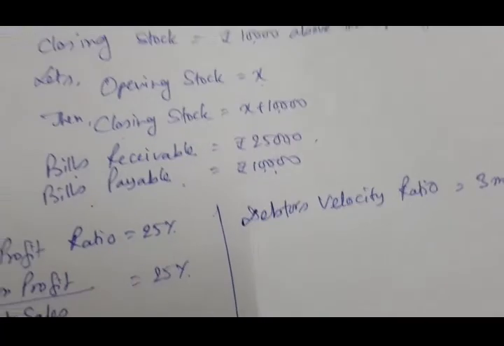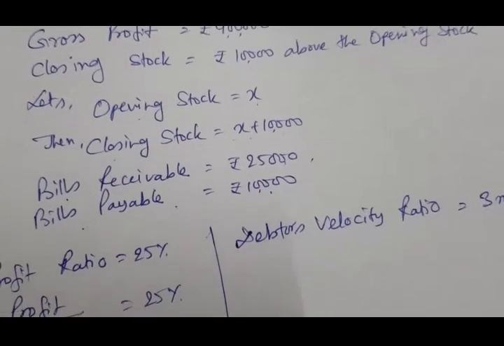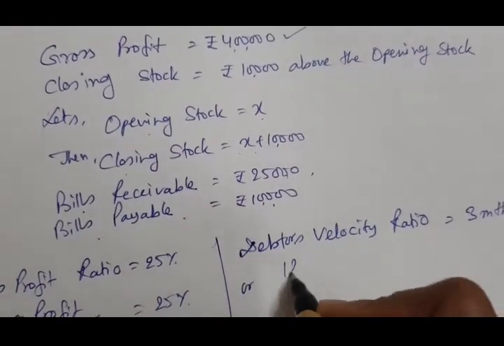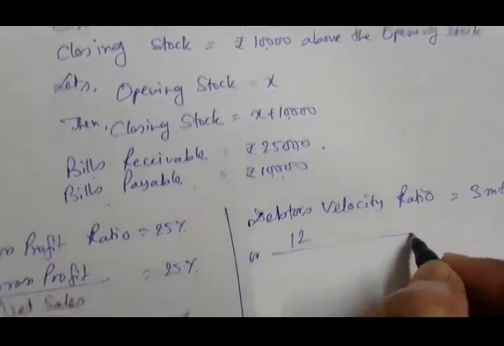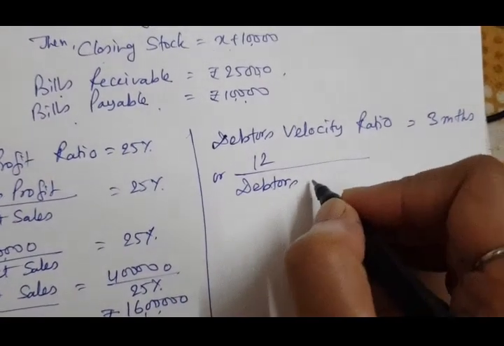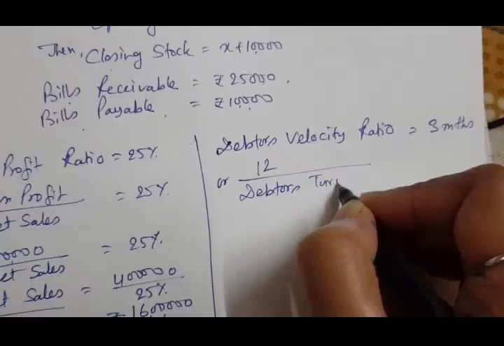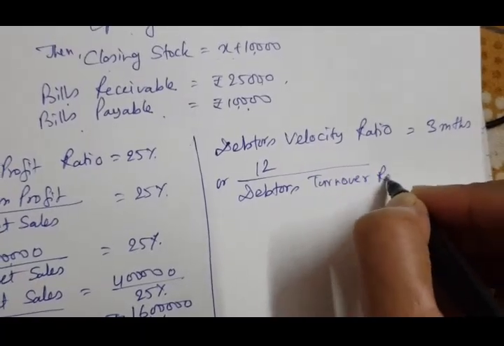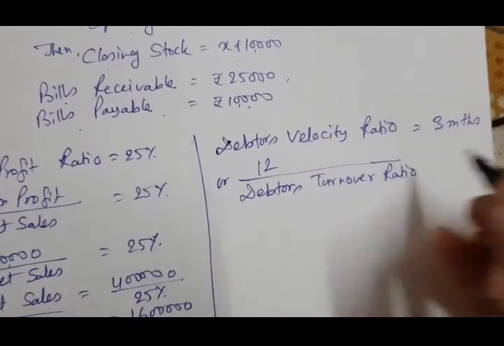Now this 12, that means 12 months, divided by debtors turnover ratio. We know the formula of debtors turnover ratio.